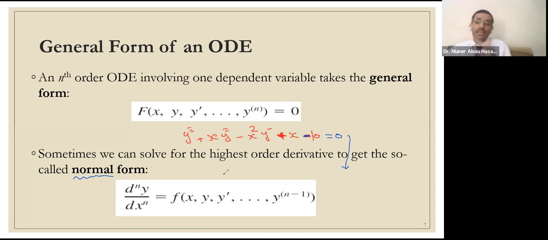Yes, Professor. Leave the highest derivative in the left, so it is y triple prime, and move all the terms to the right-hand side, so equal negative x y double prime plus x squared y prime minus x plus 10. So I think it's very easy to go from one form to another form. Okay? Any question about this idea? Can I move?